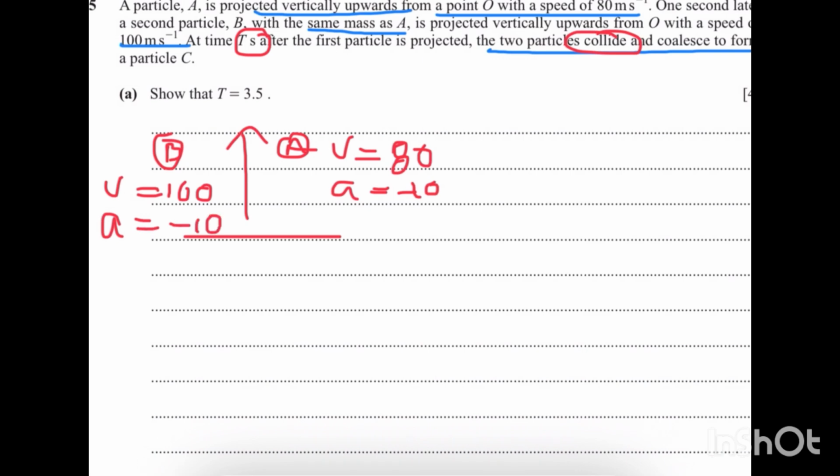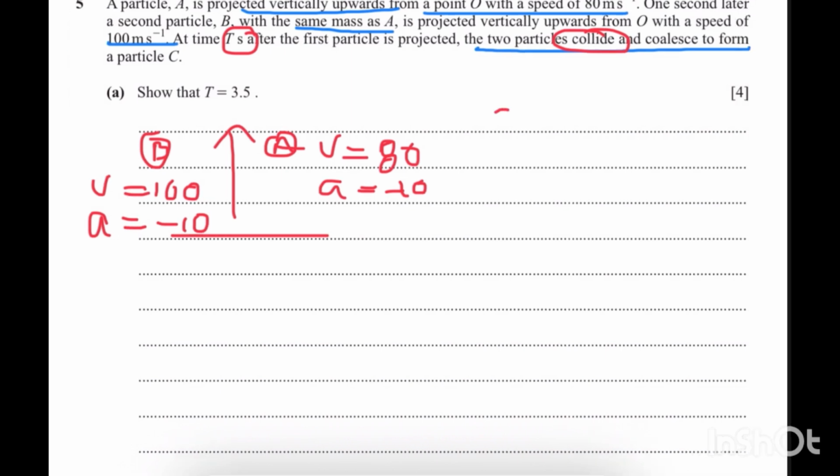So what we can notice is that when both particle A and particle B collide, they both will have covered the same distance, since they are both projected from the same horizontal ground, which is point O. So we need to create two equations that show this. The kinematics formula is displacement is equal to ut plus half at squared.